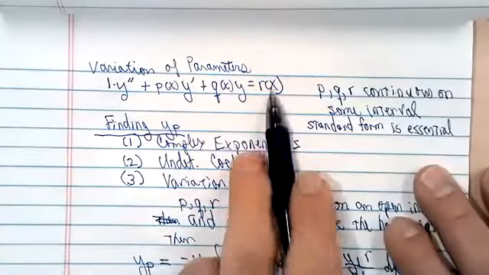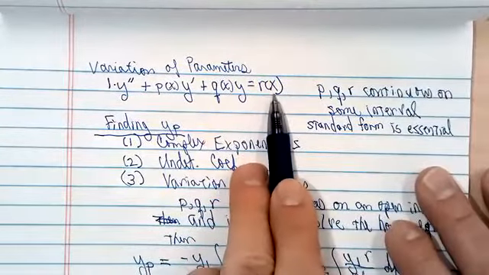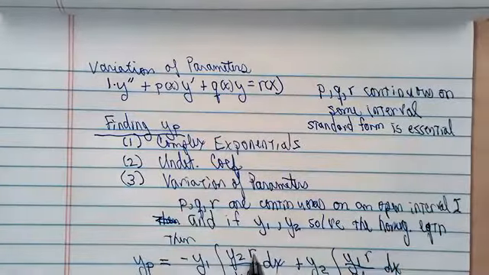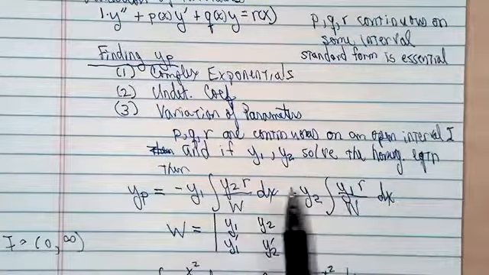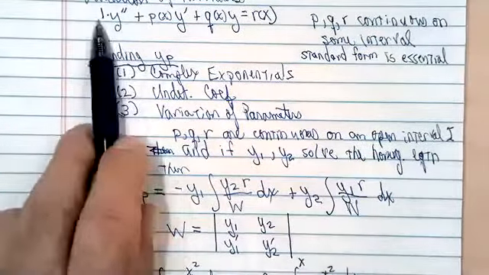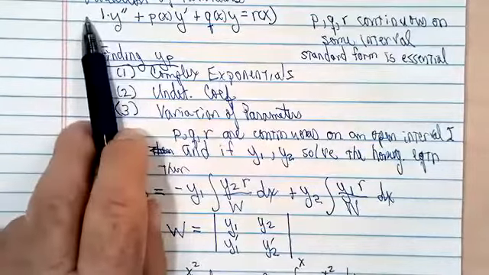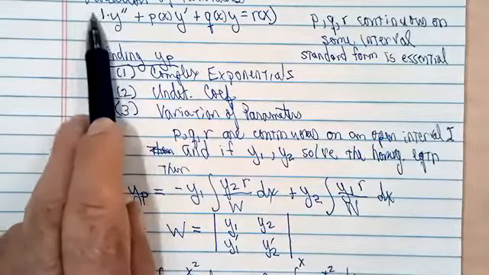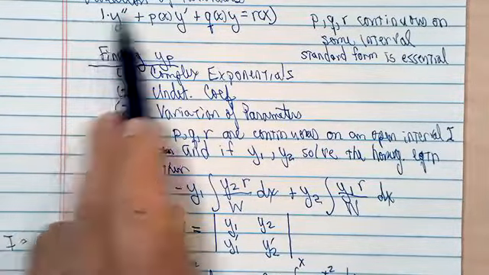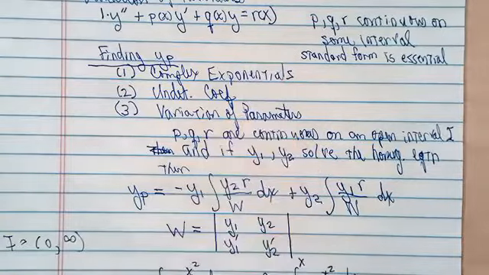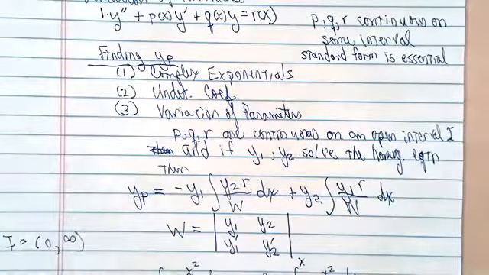The standard form is essential because that's what tells you what R is, and R shows up here in the formula. So for instance, if you had an Euler-Cauchy equation and you started with x squared out here, then the R that appears in that form wouldn't be the right R. Divide it through by x squared in order to get the right R. And I'll show you an example in just a moment so you'll see what I'm talking about.